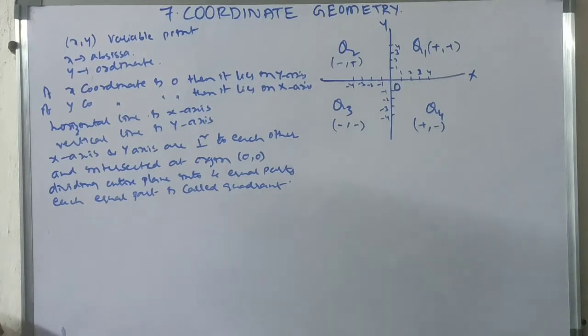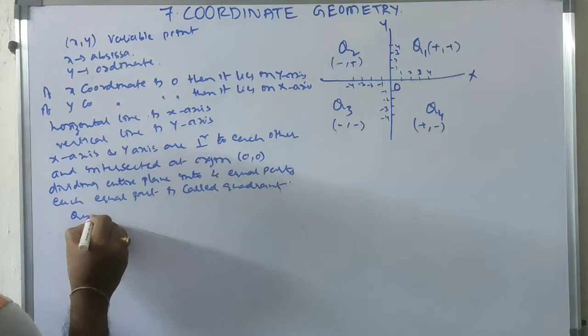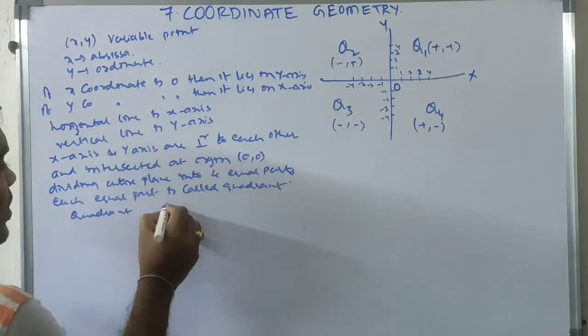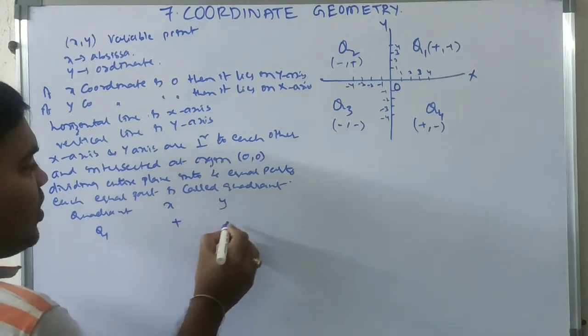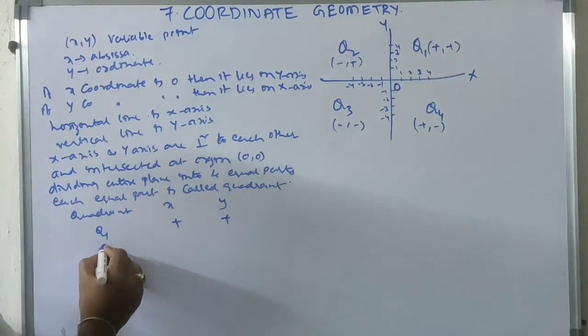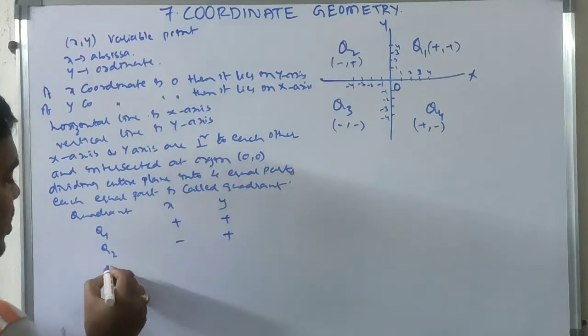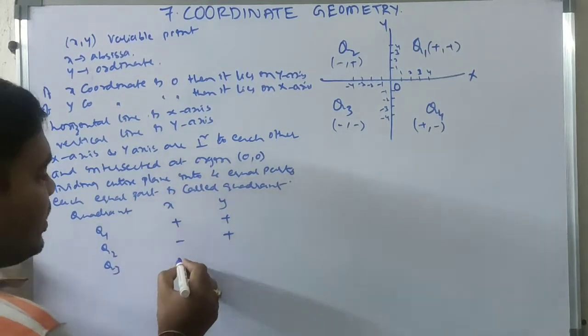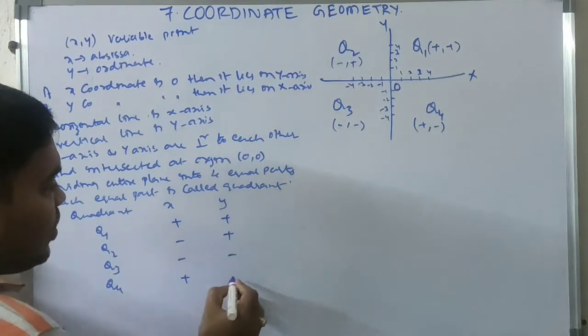They are denoted with Q1 and so on. The signs: in Q1 x is positive, y is positive. Next Q2, x is negative, y is positive. In Q3 x negative, y also negative. In Q4 x positive, y negative.